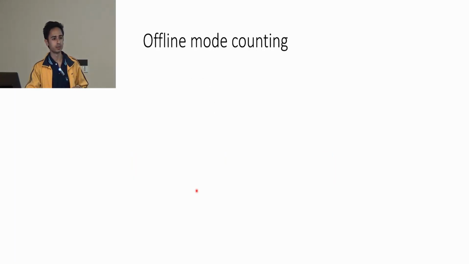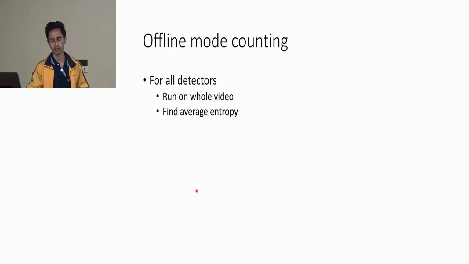To count the number of repetitions, they have 2 modes. One is offline, which takes the whole video at once. They run each of the previously described detectors with a sliding window on the whole video and find the average entropy for each detector, and whichever detector gets the lowest average entropy is selected.